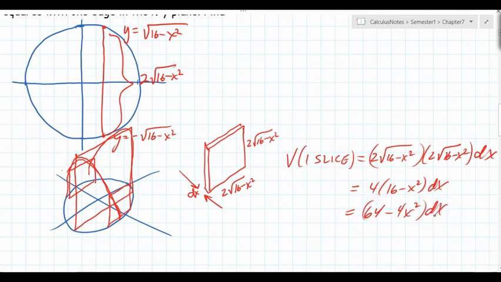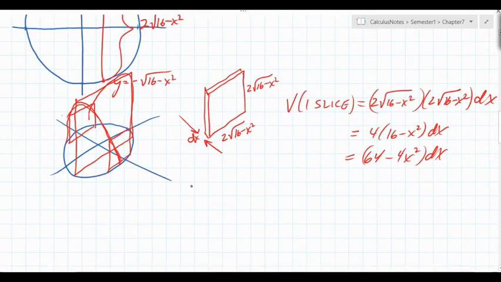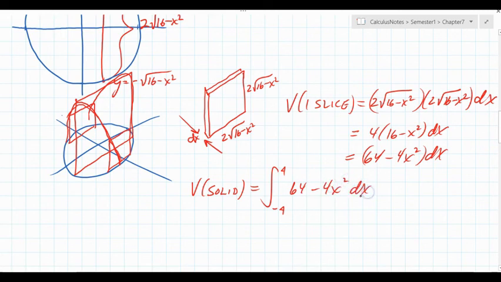So that's the volume of one slice, which means the volume of our entire solid is just going to be a bunch of those slices added together. And we can let the integral add those up for us from -4 to +4, 64 minus 4x squared dx.